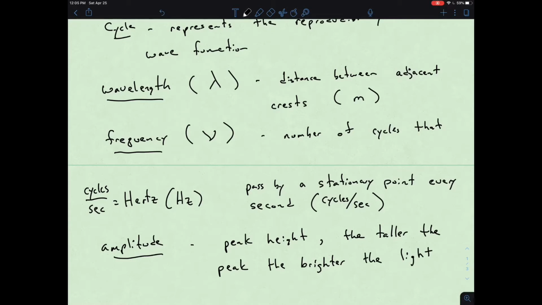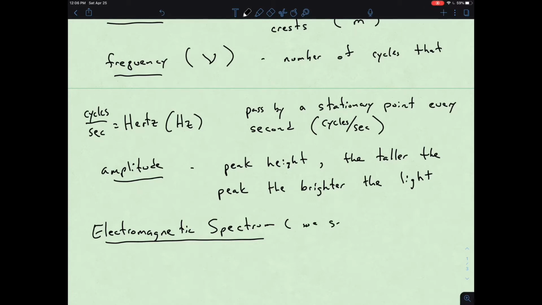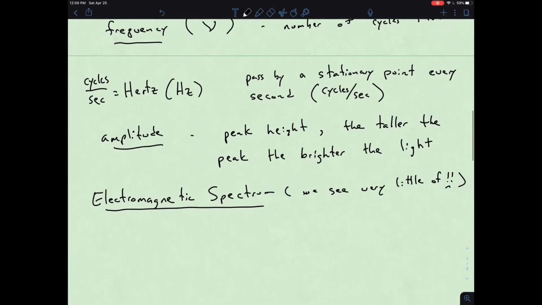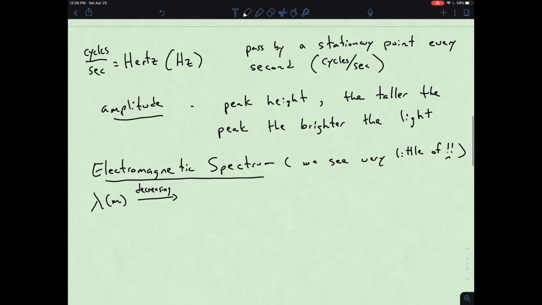So that takes us now to our electromagnetic spectrum, of which we see very little. We're going to relate this in terms of wavelength, in meters, basically decreasing as we go here from left to right.